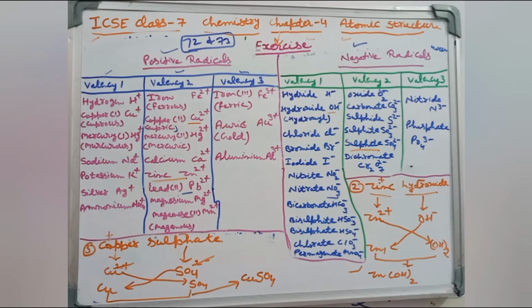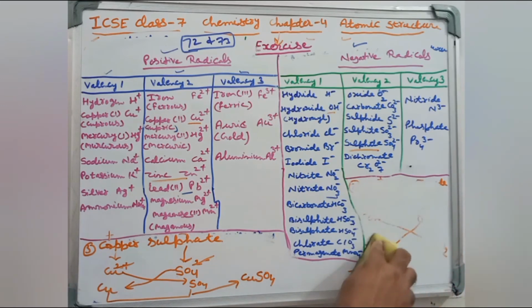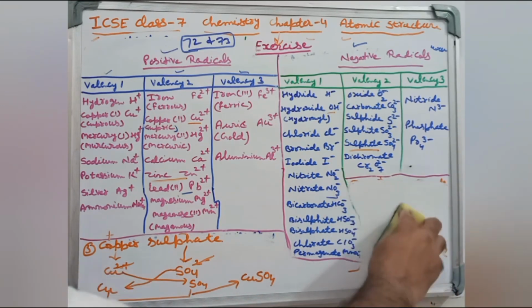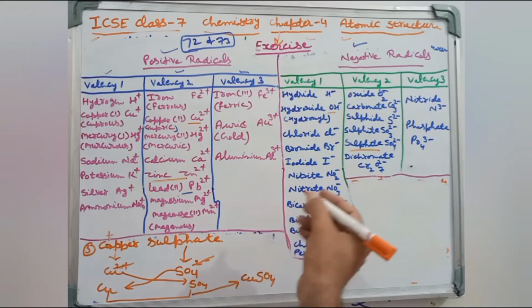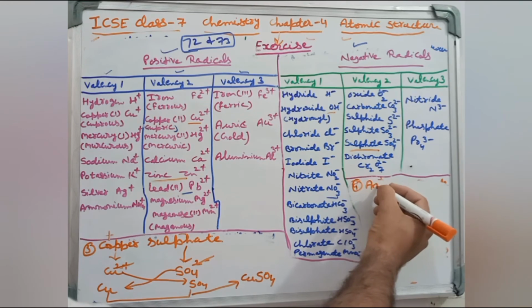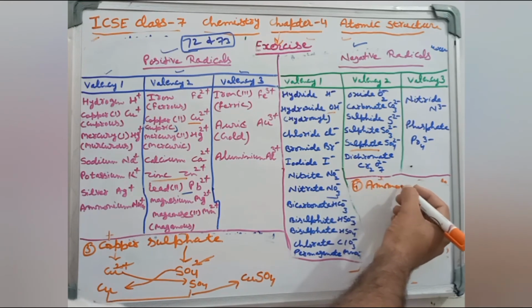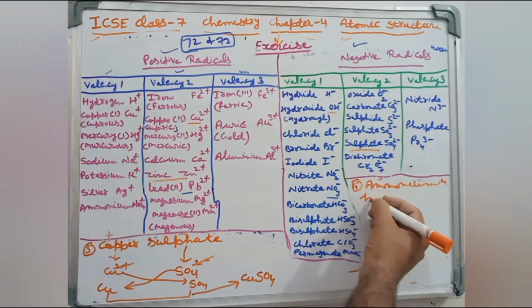Now I will do the ninth. I am going to do number 9 here. The ninth would be difficult for you, so I am writing it here. Number 9, ammonium phosphate.